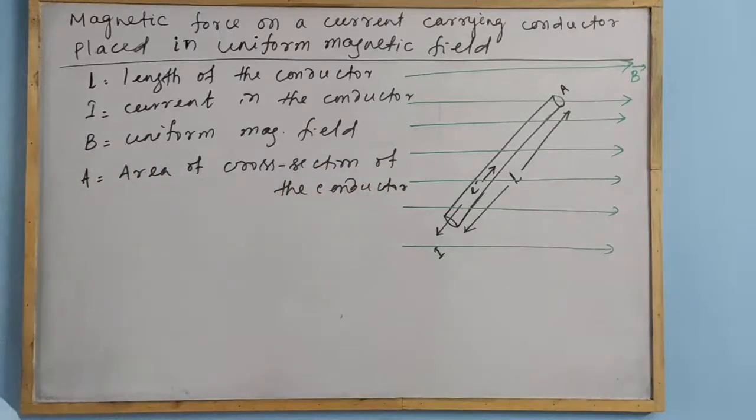Clear? So these are the quantities we have taken: I, A, B and L.